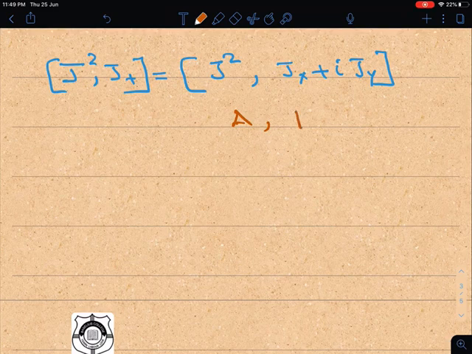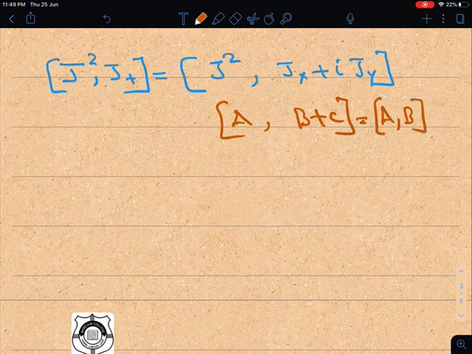Expanding it, the commutator of A with B plus C is equal to the commutator of A with B plus the commutator of A with C. So let's look into that.